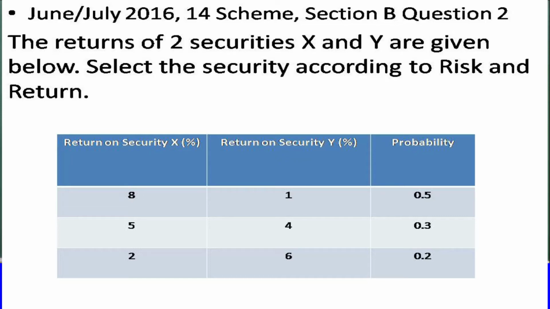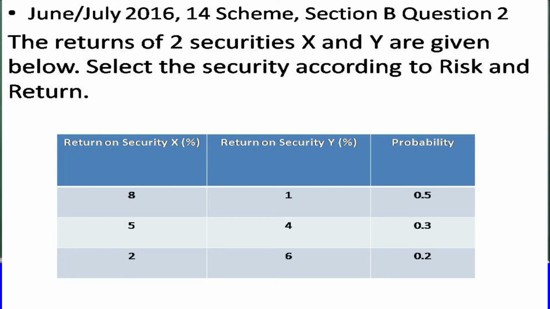It is quite simple. Simply said, two securities are given and you have to decide which security is good based on risk and return. In simple terms, you have to calculate risk and return. To calculate the risk and return, let's write down the returns of X security. So returns of X security are 8, 5 and 2.